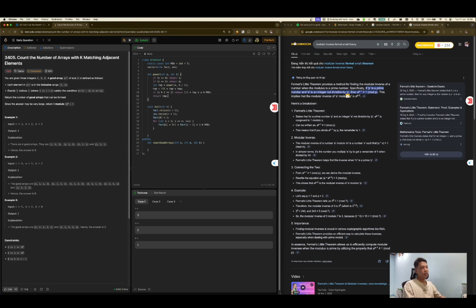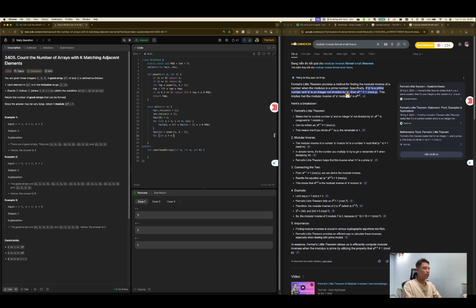Then return t mod p. The inverse must be power of a and p minus 2, because a to the p minus 1 is equal to 1, so a to the p minus 2 is the inverse of a.